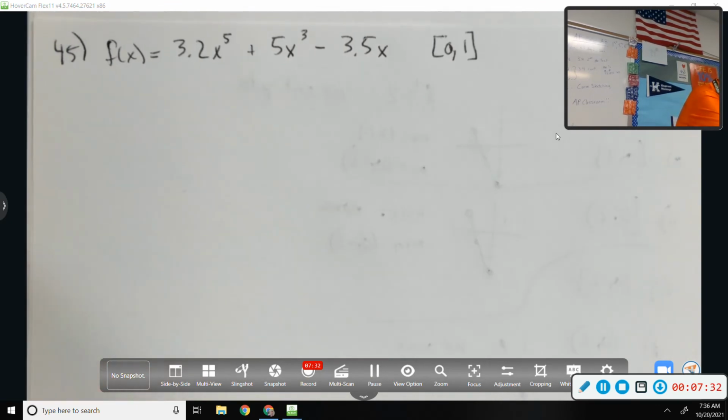All right, use a graphing calculator to graph the function and approximate any absolute extrema. Looking for a graphing calculator. Let's see.